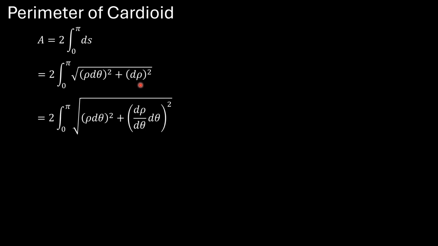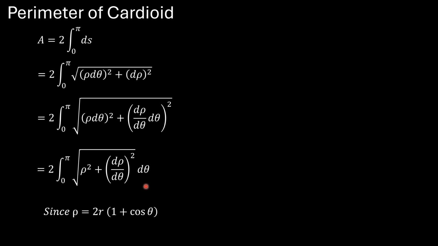So we can express d rho as d rho d theta times d theta, so that we can pull the d theta out of the square root sign. And then we have to have the derivative of rho with respect to theta substituted in there.